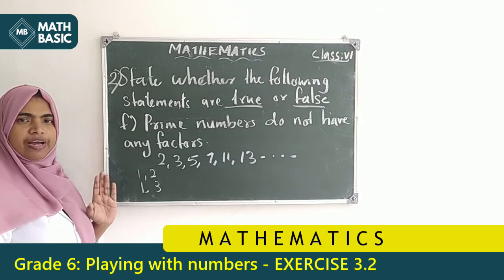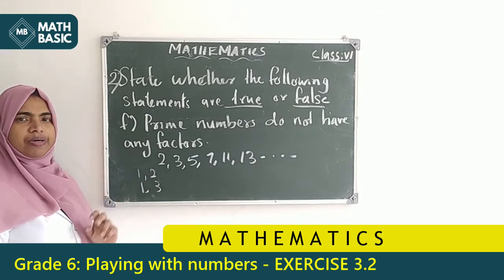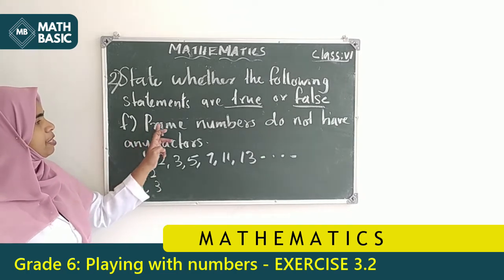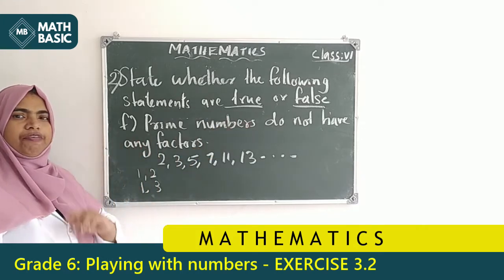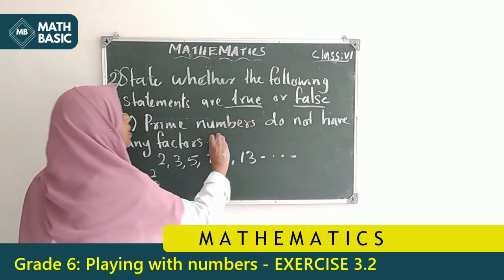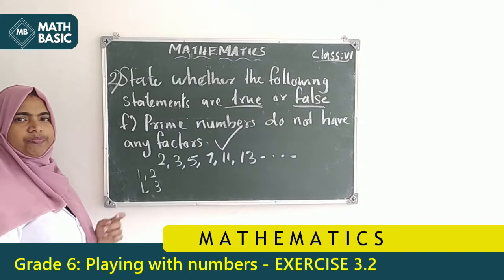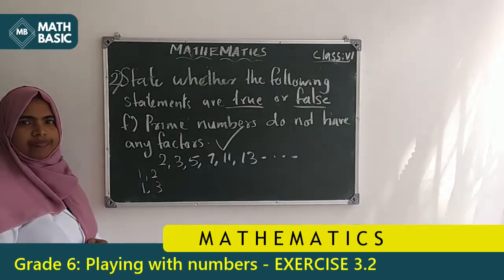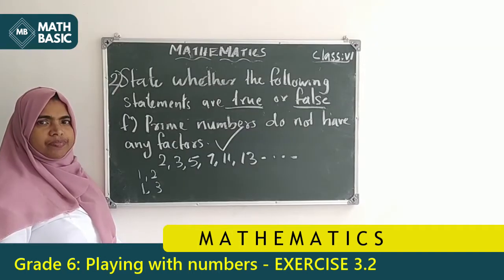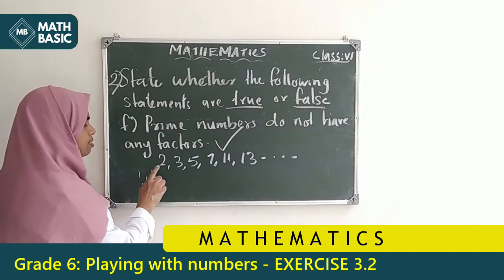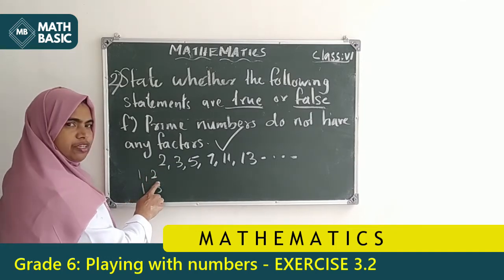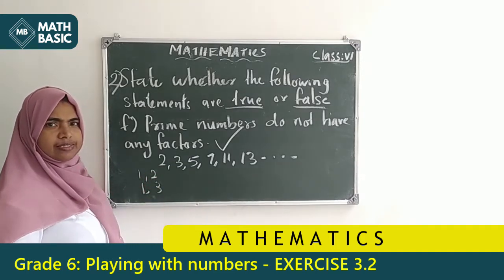Here, only the factors are 1 and the number itself. That is correct. That is true. That means 2 has only factors 1 and 2, no other factors.